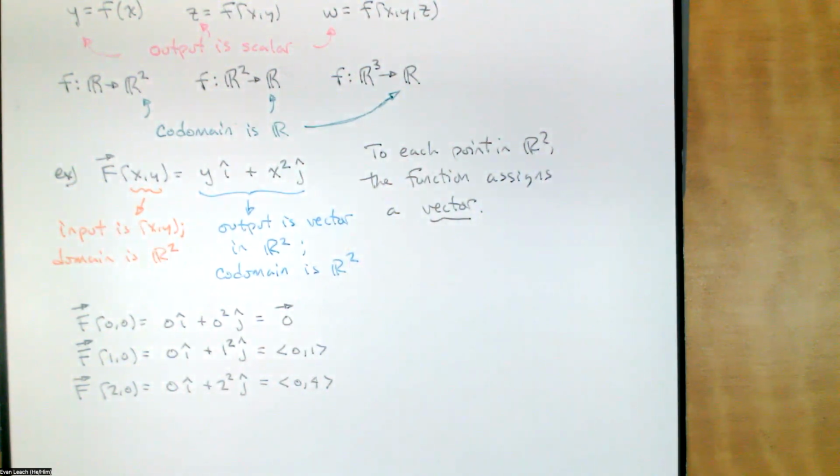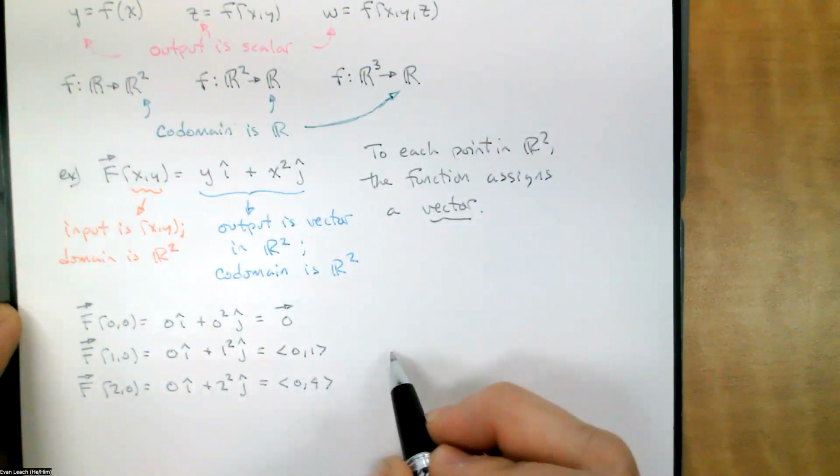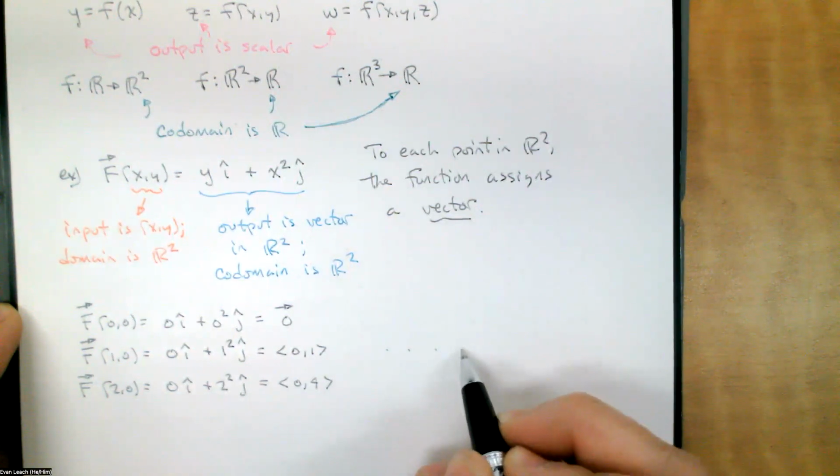So our graphs are going to look very different, because at each point, we're not just plotting a value. We're not just plotting a single point. We're plotting a vector. So if I start trying to draw this, which is always a mistake, and yet I always try to do it.